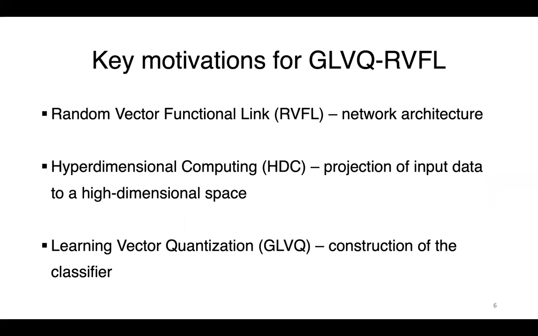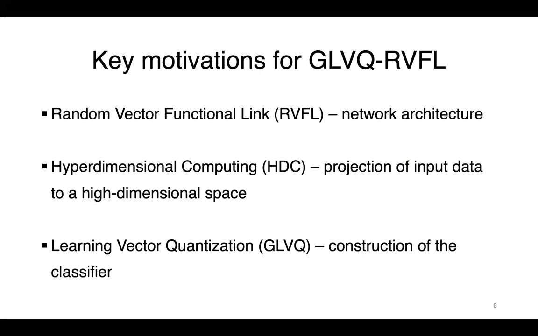We will now discuss a form of RVFL network called GLVQ-RVFL. The GLVQ-RVFL network was motivated by key insights from 3 different fields. First, from RVFL, the network retains the basic features of an RVFL network.